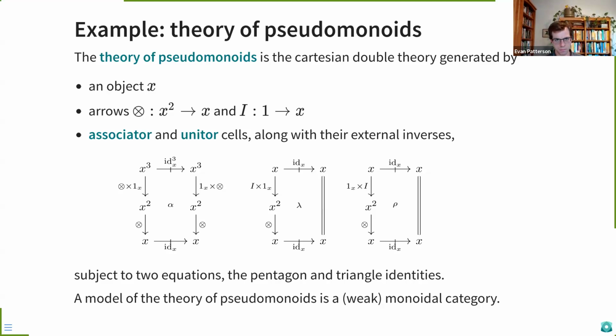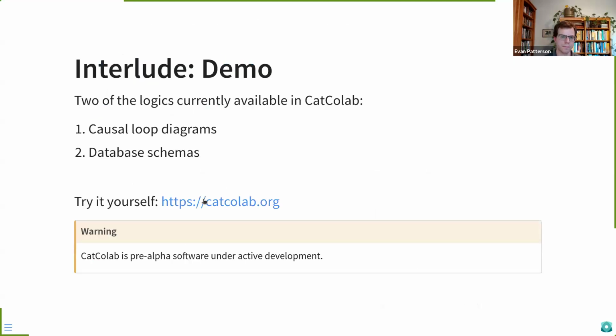We're going to see some examples a bit later on in the talk of theories that have non-trivial pro arrows, and there are also some fun ones in the paper. One I particularly like is the theory of promonads, as I like to call it, whose models are multicategories. Another example takes advantage of the pro arrow direction.